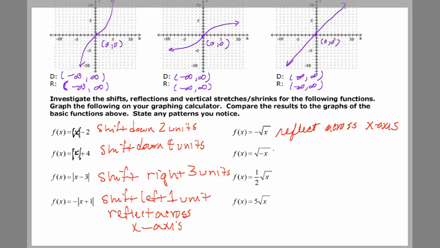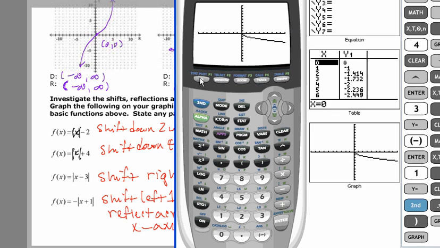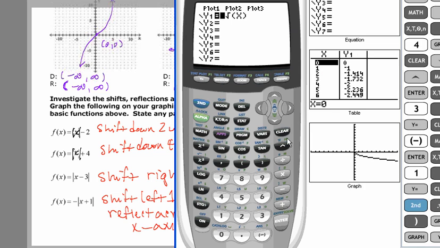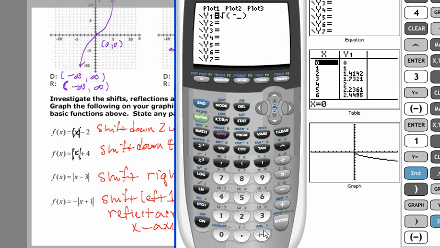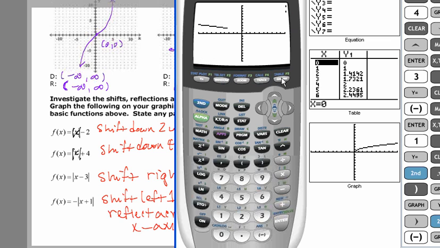Let's graph this next one, square root of negative x. Y equals, let me delete that and put the negative. I can insert a negative there. Square root of negative x. And let's graph it. And notice what happened. The normal square root of x goes from the center point, the origin, to the right.